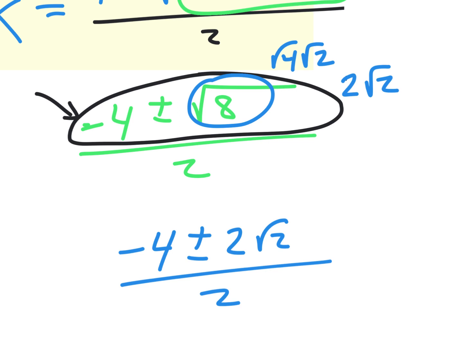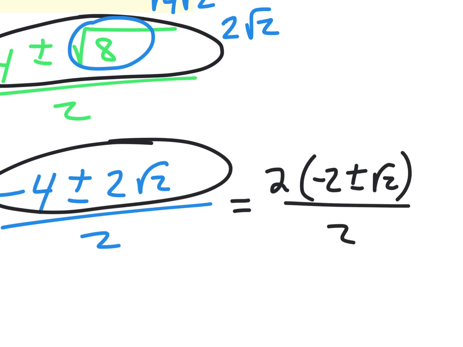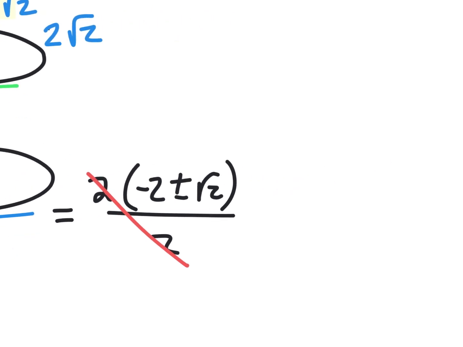All right, so instead, you could factor it, and if you can factor it, you should. Do I factor out the negative? No. Two's cancel. Could I leave my answer like that? Yes.